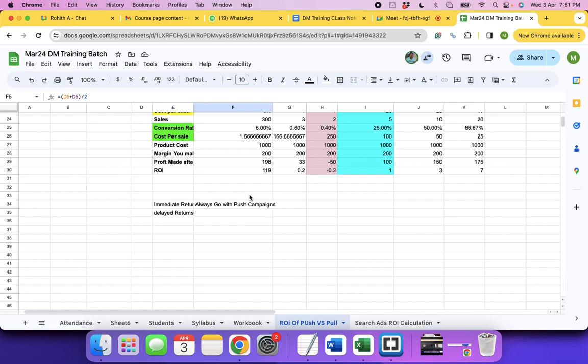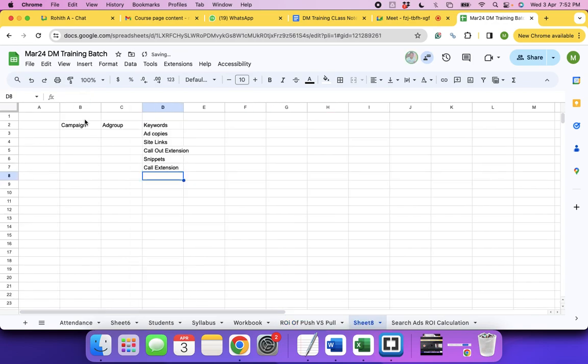Under the ad group, you'll have keywords, you'll have ad copies, you'll have site links, snippets, call extension. I'll call this as call out statement. Various other assets such as images, logos, etc. Okay, so this is how your campaign will be structured.